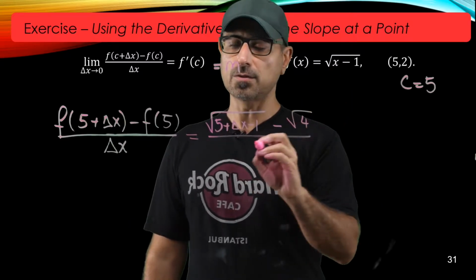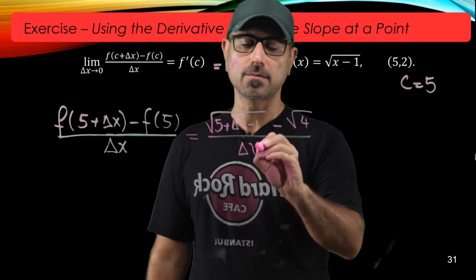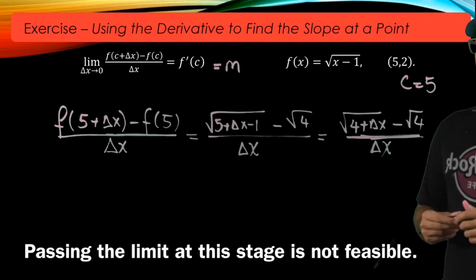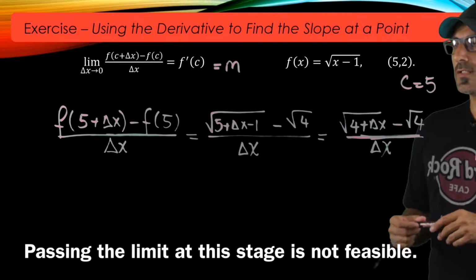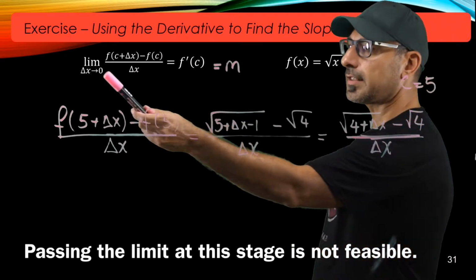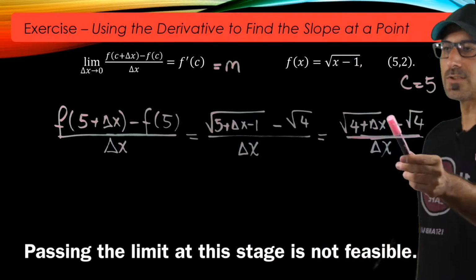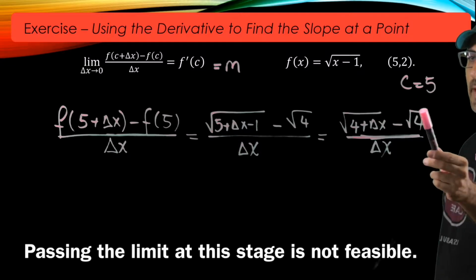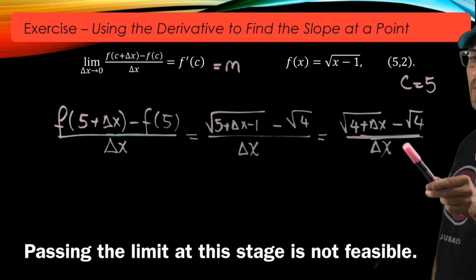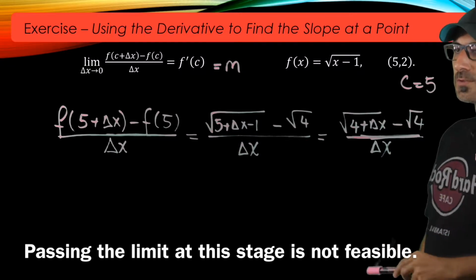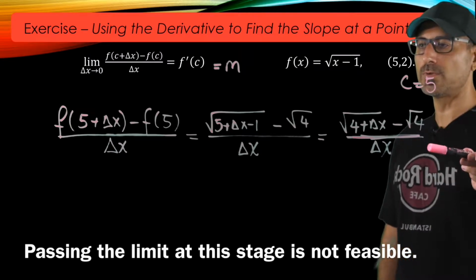And the bottom is going to be delta x. So at this moment, you can stop and check the limit. Well, since delta x approaches 0, the top approaches radical 4 minus radical 4, which is 0. And delta x is already approaching 0, so this is 0 over 0.